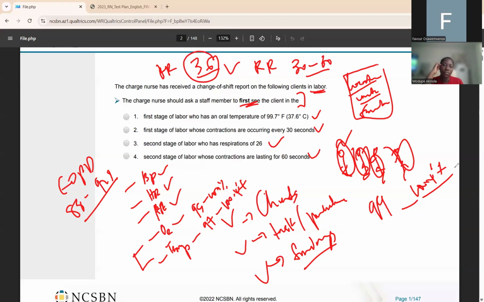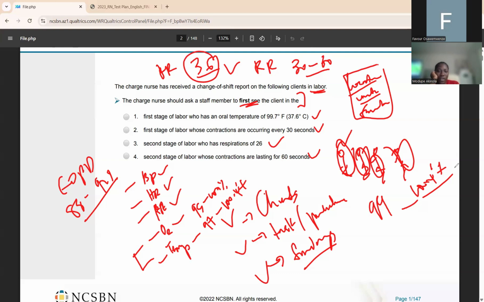Now, oxygen is the same thing as well. So when this question is talking about temperature right here, why do you think the NCLEX is mentioning temperature related to the kind of care you are carrying out, or the location, which is labor?